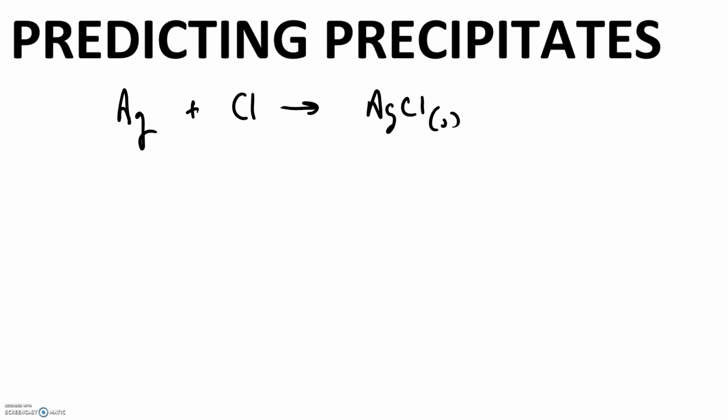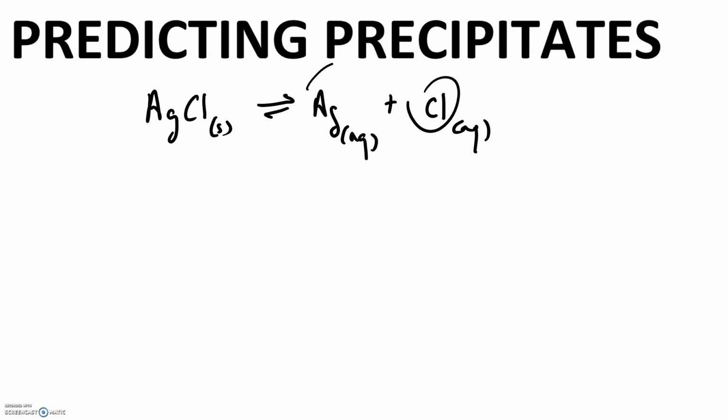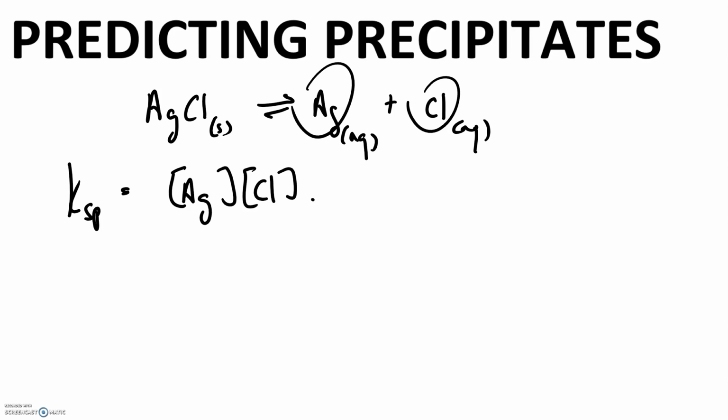The question is, if we just dump a bunch of silver and a bunch of chlorine into solution, we know that when this is in solution, it's not really a solid. It actually does dissociate a small amount, and it is these amounts in solution that give us our KSP. It's the concentration of each of these ions in solution. So how do we know if we have enough?